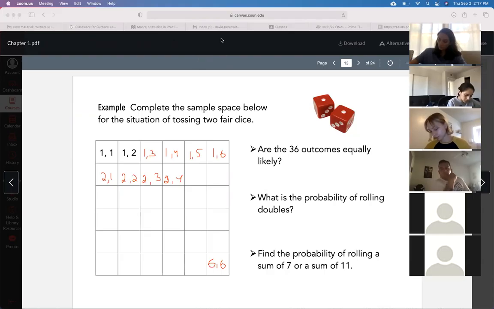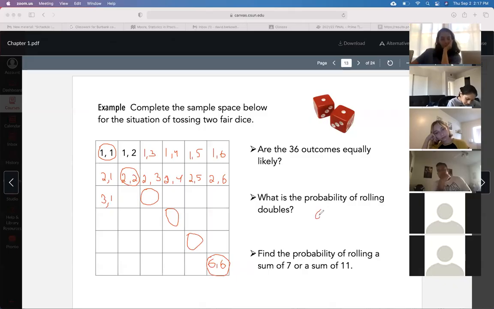So now that we know that they're equally likely, what is the probability of rolling doubles? In other words, out of these 36 outcomes, how many of them are doubles? 6 of them, right? You have 1 and 1, 2 and 2, 3 and 3, 4 and 4, 5 and 5, 6 and 6.